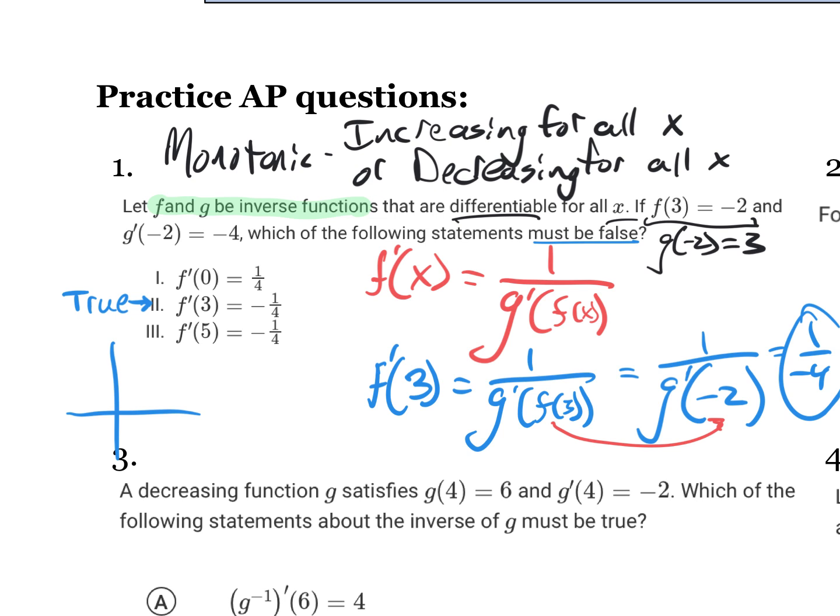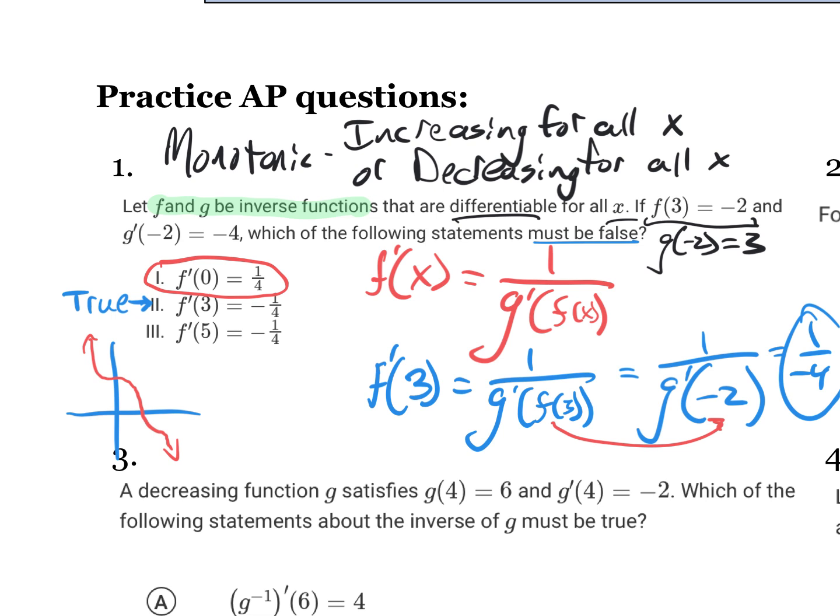The moment we have some function that's going down and it turns around, this is not invertible. It doesn't pass the horizontal line test. So it has to be always going down. It's monotonic, always going down, something like that. All right? So that means that this is not possible.